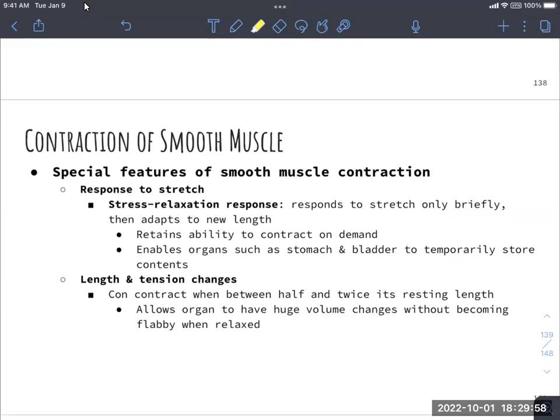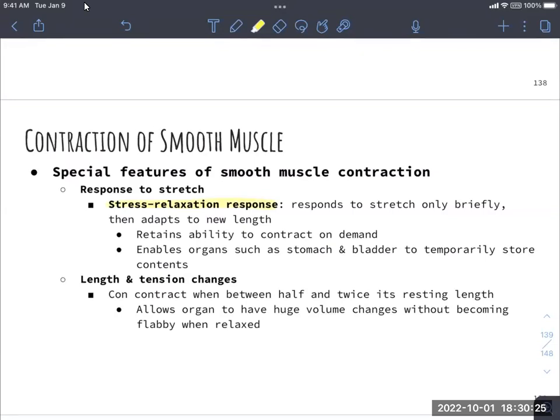Our smooth muscle has a stress relaxation response. They can respond to stretch, then adapt to the new length, but they retain that ability to contract again. Think of your urinary bladder and your stomach. It allows you to put contents in there, food into your stomach, which will cause your stomach to expand.